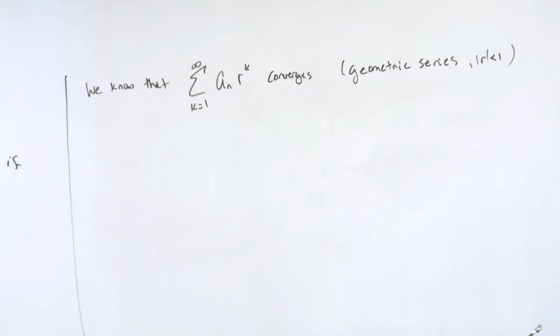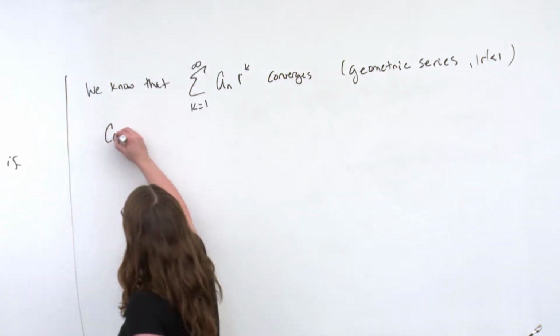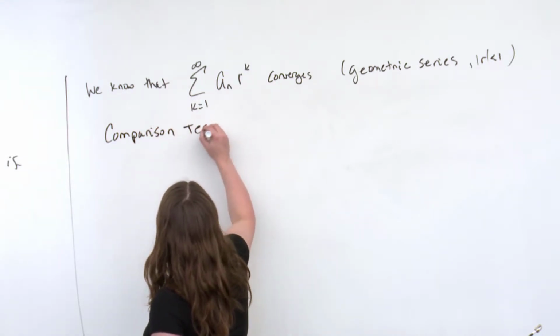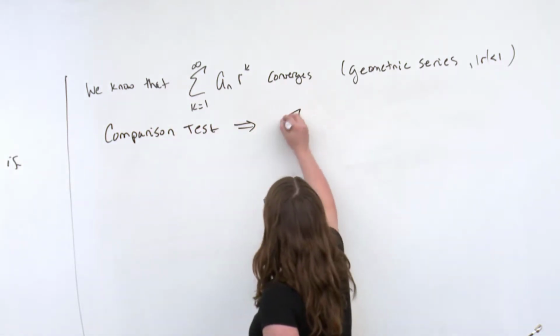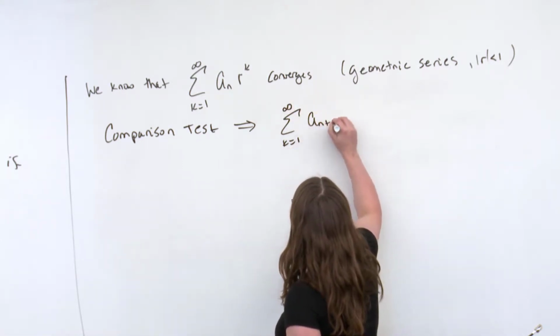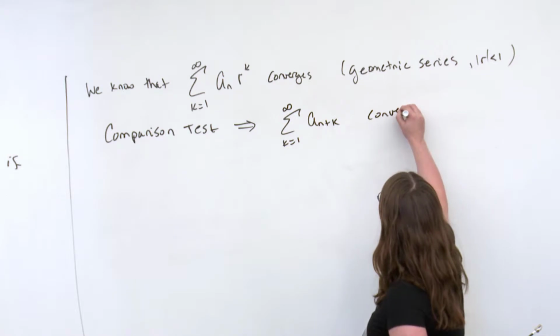And that means our comparison test tells us that if I add up terms that look like this, that will also have to converge, because these are positive terms. We started by assuming these are positive terms. So by the comparison test, this is going to imply that the sum from k equals 1 to infinity of a_{n+k} converges.